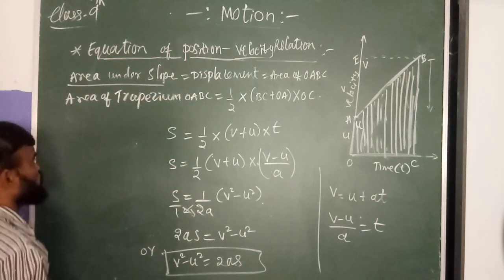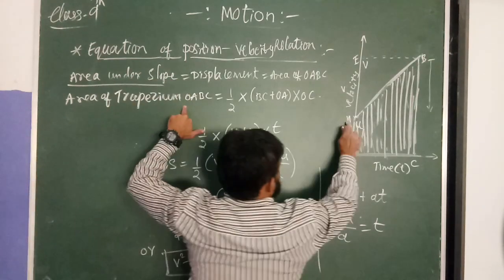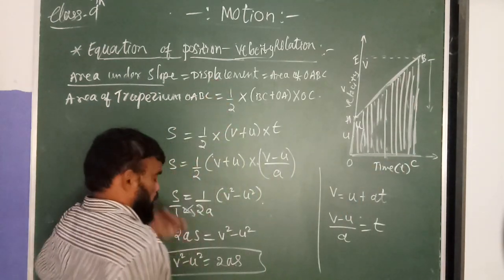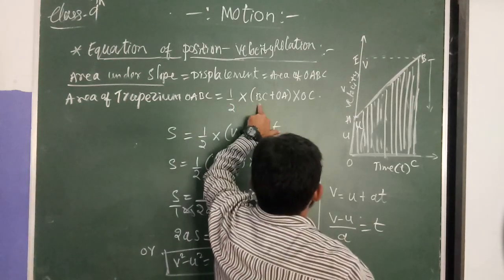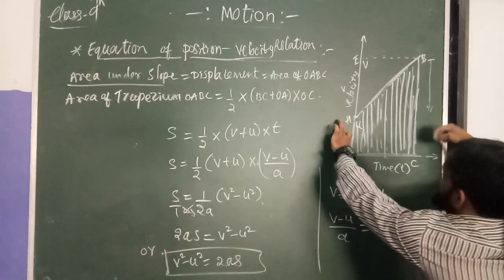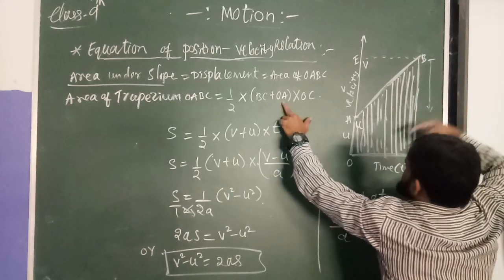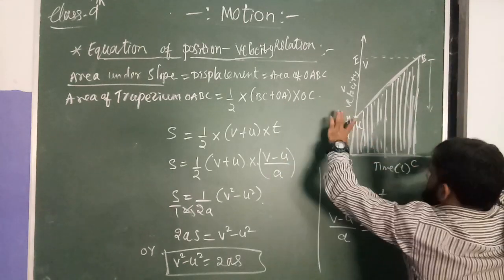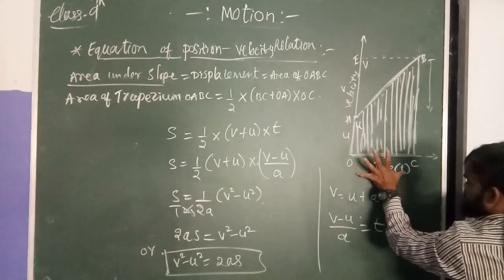Area under slope is the area of the trapezium OABC. According to the formula, the area of a trapezium is half of BC plus OA into OC. This is final velocity plus initial velocity into time.